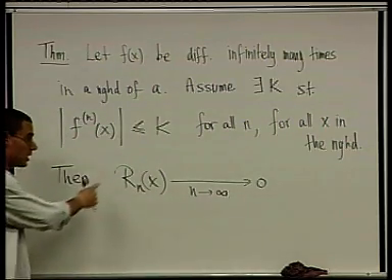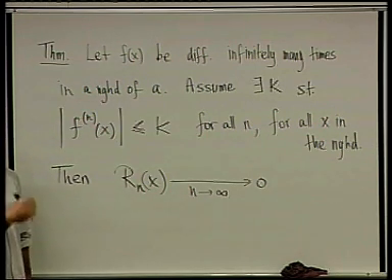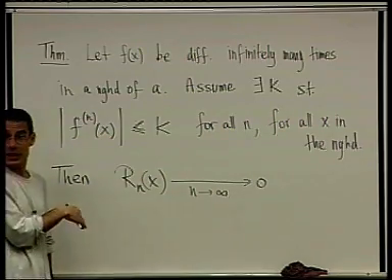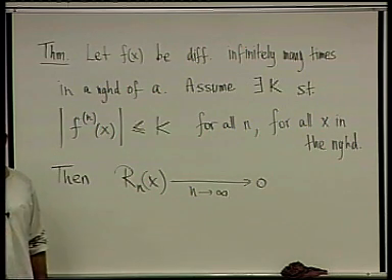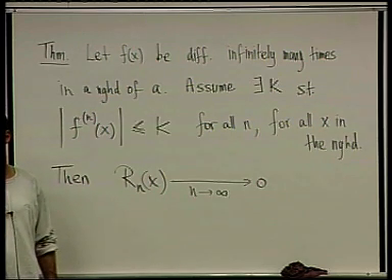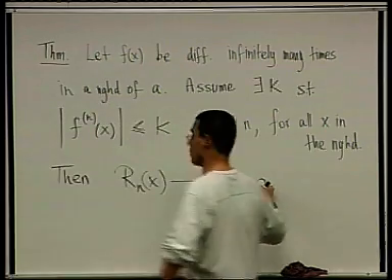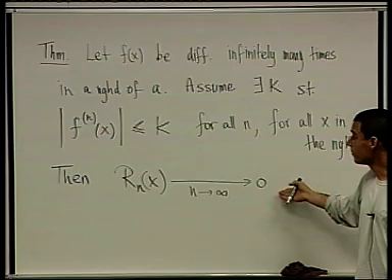Namely, if you make n bigger and bigger, the remainder is going to become smaller and smaller. Okay? So the phenomenon that we saw with calculating e is guaranteed to happen. Go further down your polynomial, further up the degrees, the error is going to become smaller. How small? As small as you want it to be. Okay?